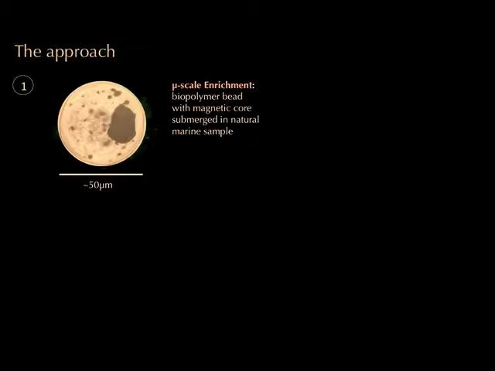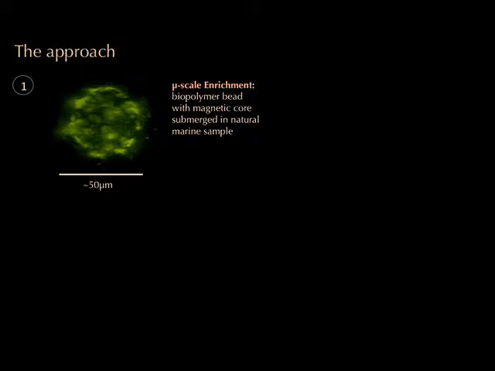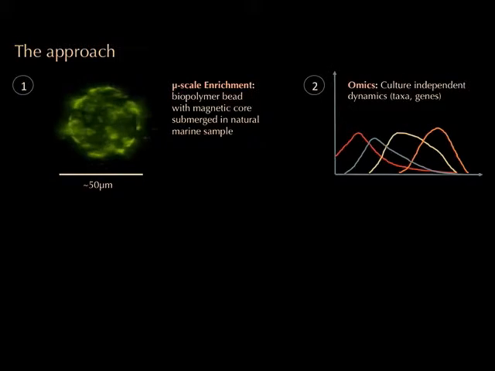What we do is we make microscale enrichments, in the environmental microbiology sense. In an enrichment, you modify the environment to allow certain things to grow. Sure enough, some bacteria like chitin, and they will attach and grow and make colonies on the surface. Then we can, of course, do a lot of sequencing. We have all this omics data, and that tells us something about the dynamics of colonization, for example.